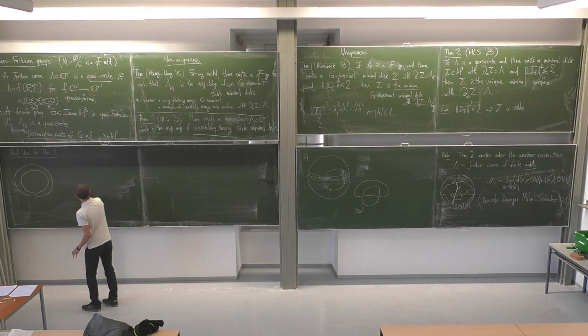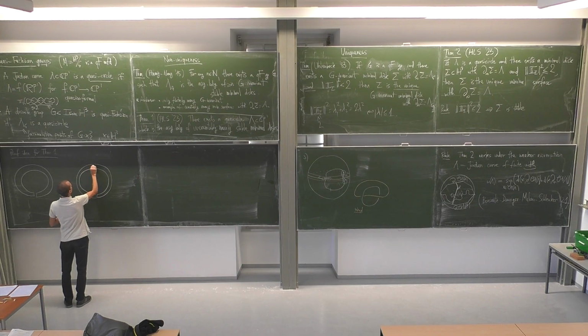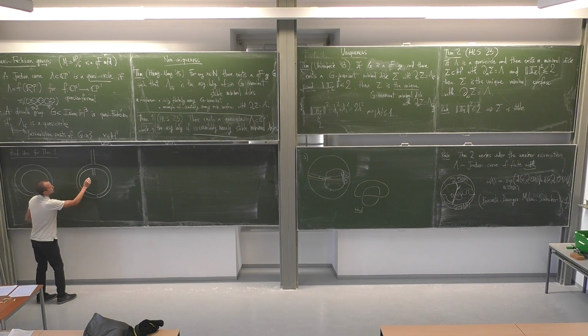We start with the same thing, except that here we put some little band here, and also on the other side, and we do the same thing. Something like this.